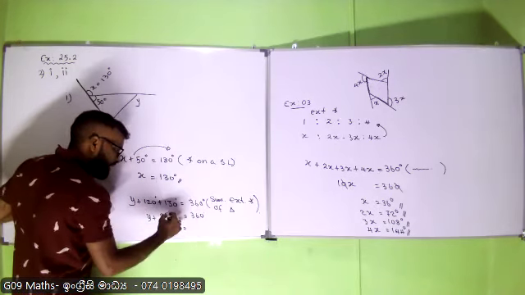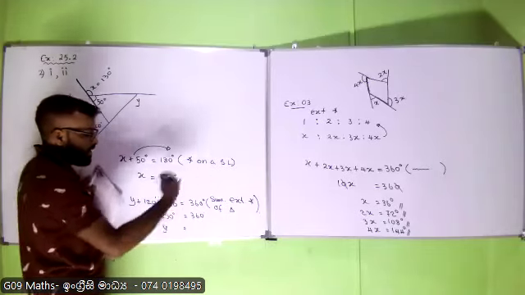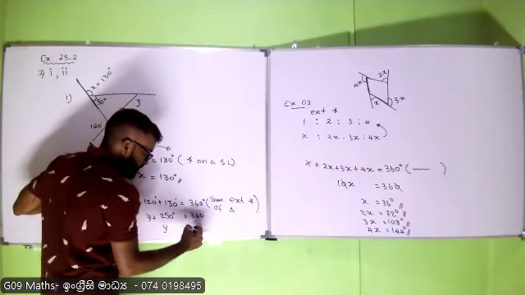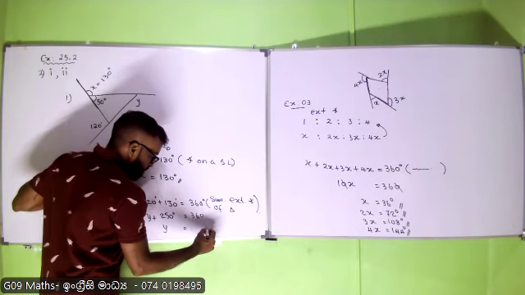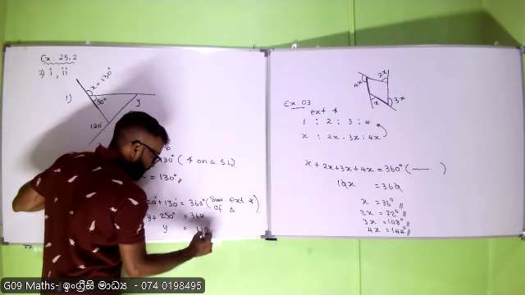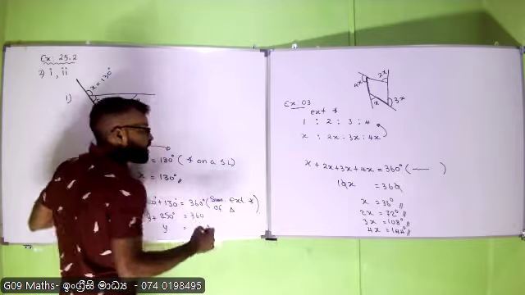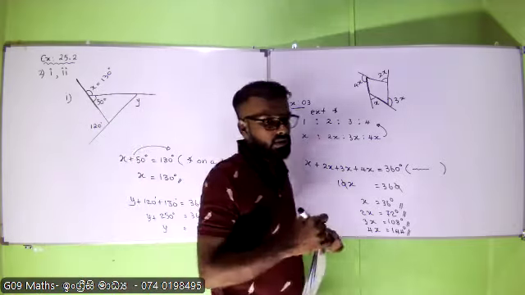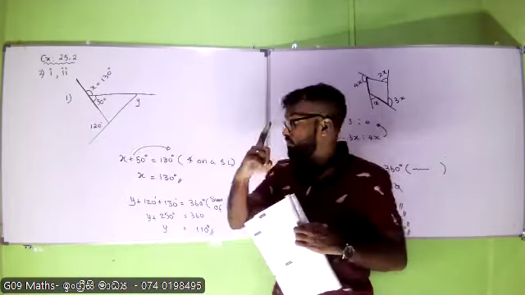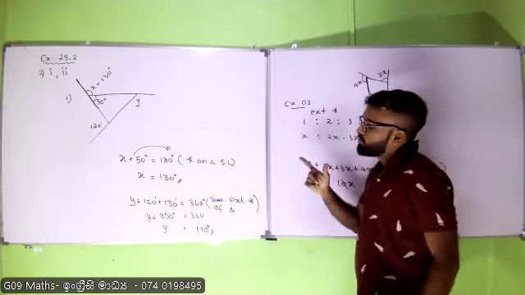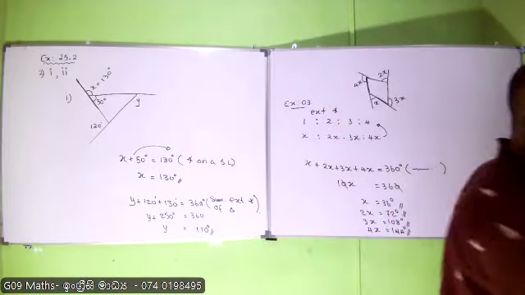Y equals, take this to this side and get the subtraction, 110. Hope you guys got both of the answers for the first one. Then I will do the second one.